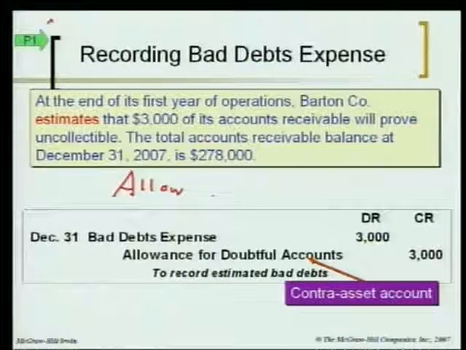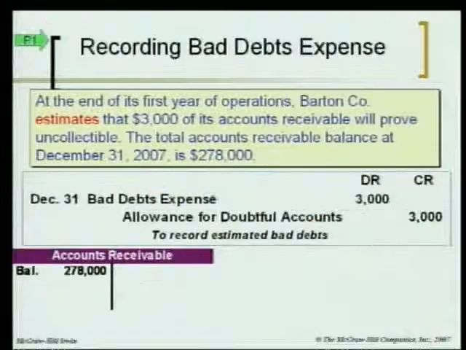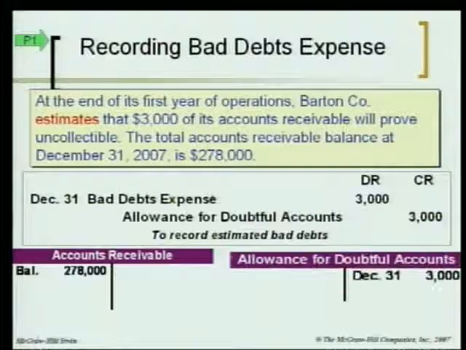Now, why do we not credit accounts receivable here? Why do we use this allowance account? That's a great question. I'll answer it in a minute. How does this look in the T accounts? Well, we have our accounts receivable over here. Now, we did not do anything to that accounts receivable, right?